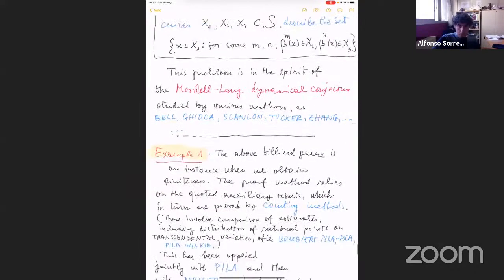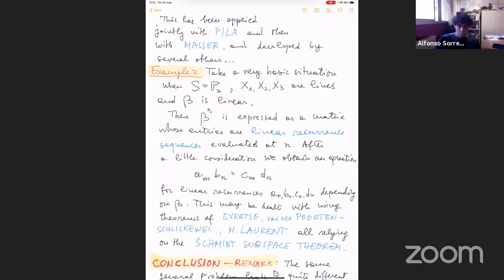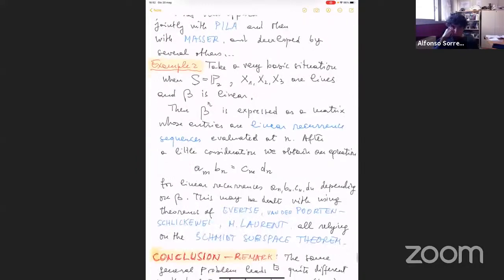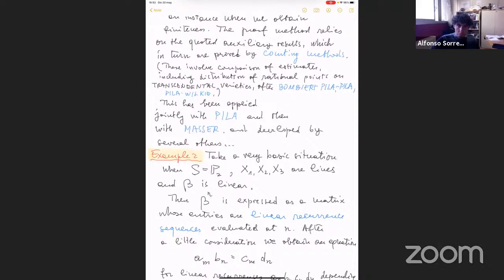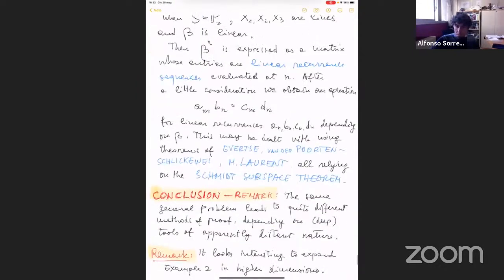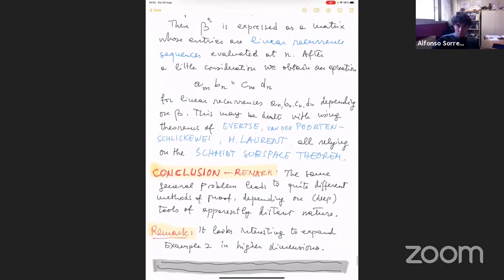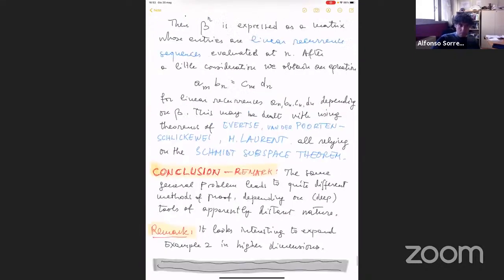Whereas the second example, which is again very simple, the projective plane and the lines, leads us into the theory of ordinary polynomial exponential diophantine equations, which are treated by entirely different methods. So it may be of interest, for me at least, to see if there are other cases which may be dealt with by the existing techniques. So I stop here and thank you very much.